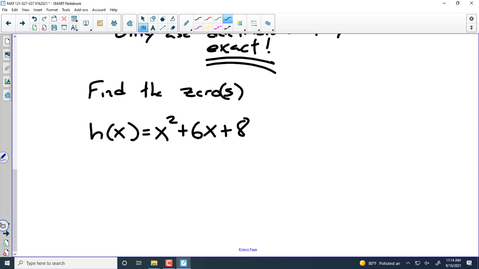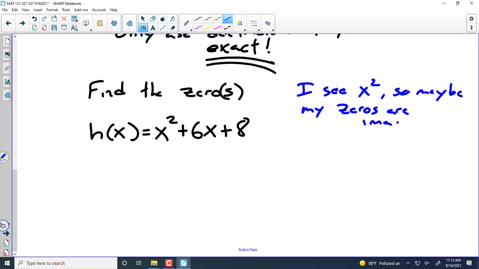Now there's a couple thoughts that go through my head when I see this. I'll tell you what they are so you can think about them too. I see x squared. So maybe my zeros are imaginary. When I see an x squared, I think maybe I'm going to end up with imaginary zeros. I don't know that I'm going to, but it's possible. That's the first thought I think of.